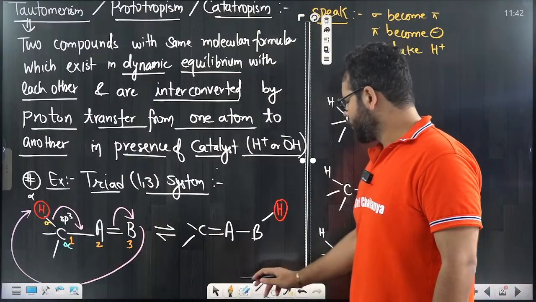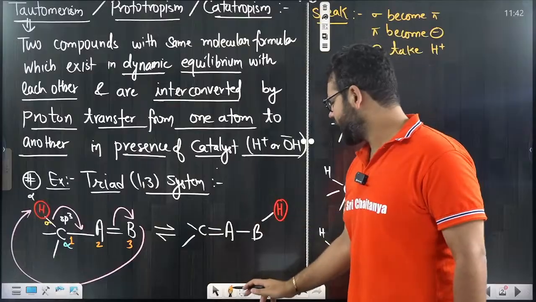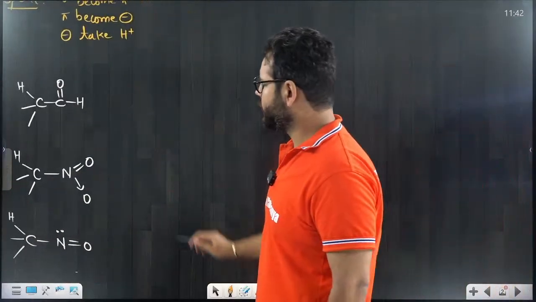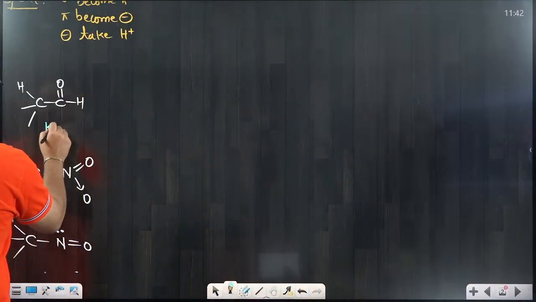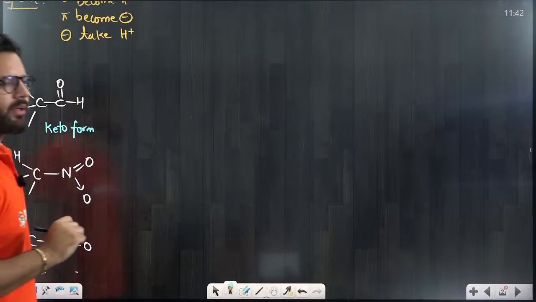Okay, so starting with the first example, keto-enol tautomerism. Example number 1, case 1, we call it keto-enol tautomerism. So this is a keto form. When you do tautomerism, you see what will happen.